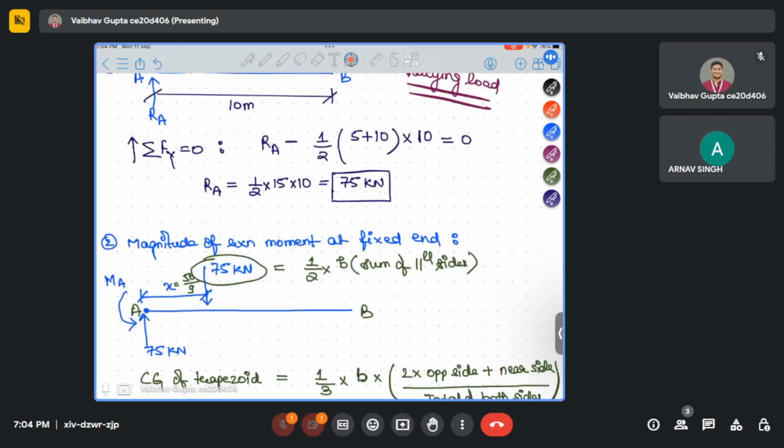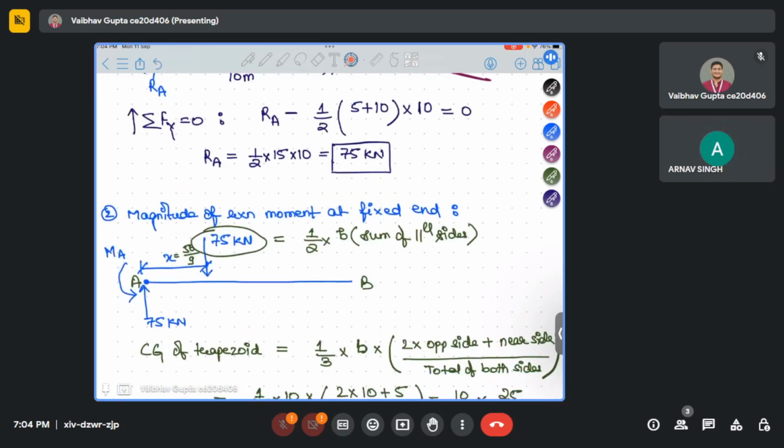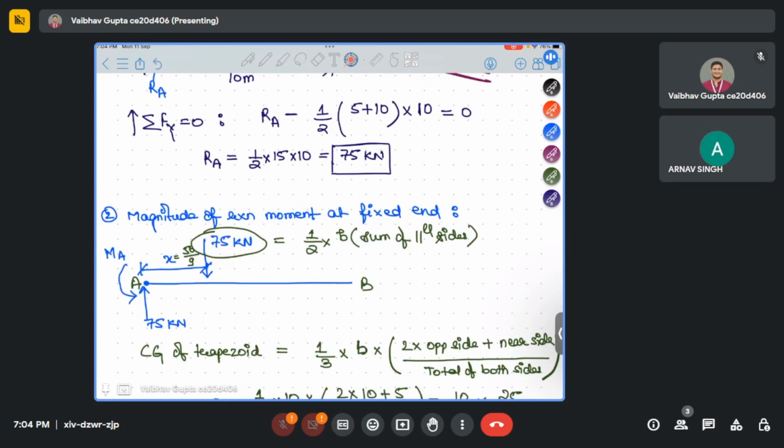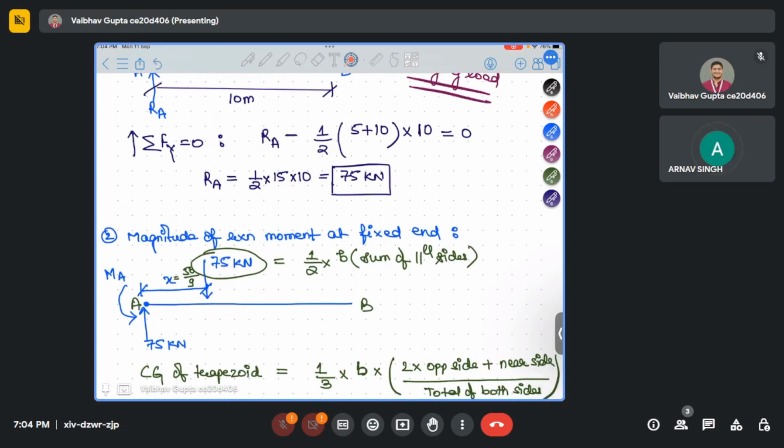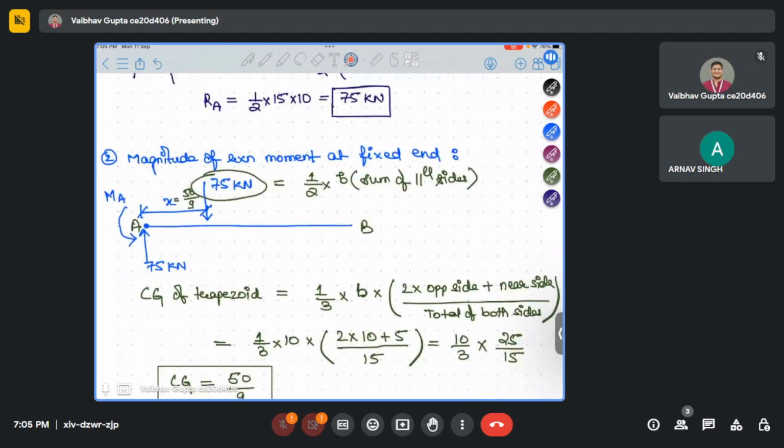Now the magnitude of reaction moment, the second question. You know this 75 kilonewton is the area of the trapezoid, which is half into the length L, which is 10, into the sum of parallel sides. I wrote b because it is basically the base. If you calculate, it comes out to be 75, and it will act at the CG, the center of gravity of the trapezoid. The center of gravity of the trapezoid is 1 by 3 into the base into (2 into the opposite side plus the near side) upon the total of both sides.